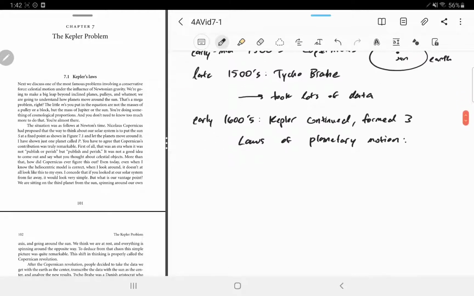Okay, so around the early to mid 1600s, the following was known from Kepler. One, the planets orbit the sun in elliptical orbits with the sun at one focus.